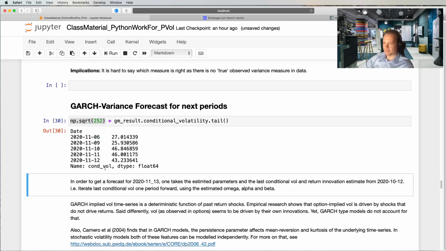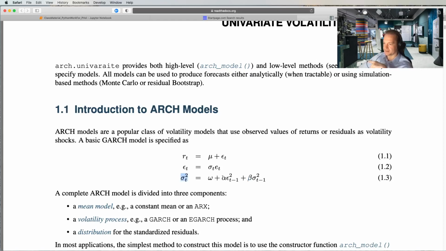Good. Now, the GARCH implied vol time series is a deterministic function of past return shocks. Here, it's a deterministic function. There's no additional stochastic innovation. That is just autocorrelation, and that is the return innovation, which gets multiplied by a constant, so it's deterministic. And that's a parametric model.